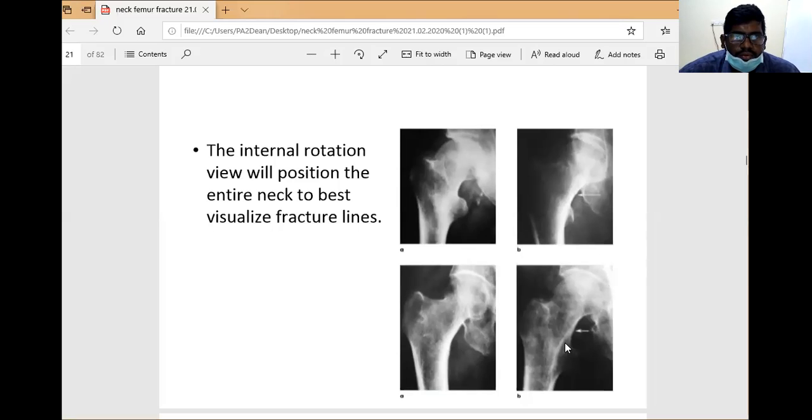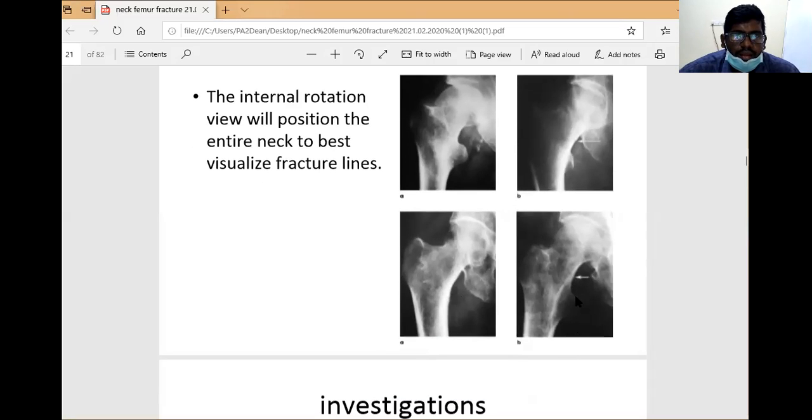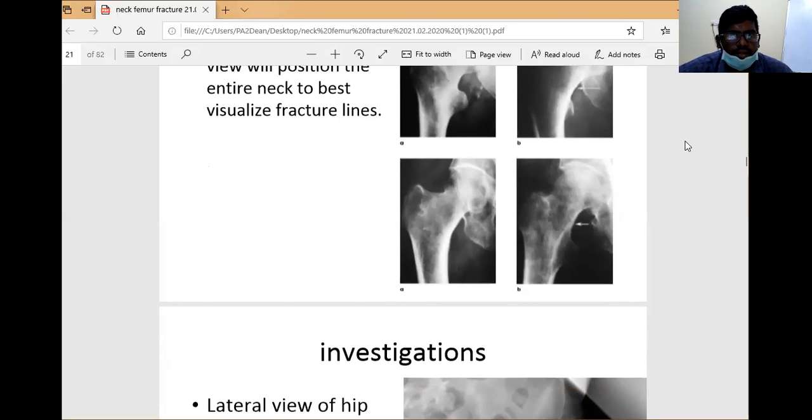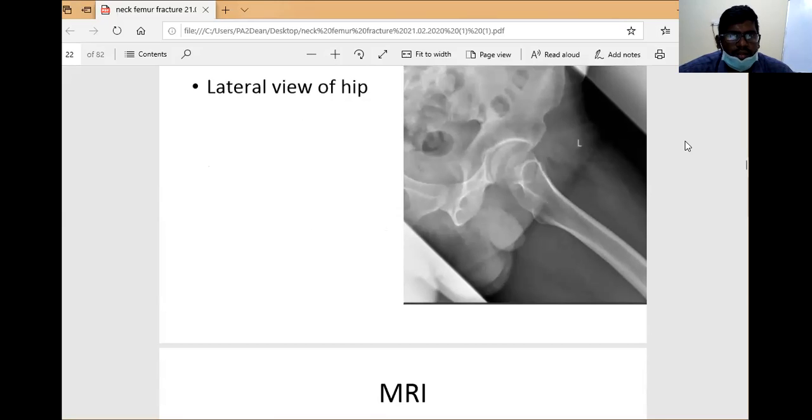Likewise, with full external rotation you can identify undisplaced fractures. Here this is a full external rotation view, and you can see a fracture line. Here this is an internal rotation view. Impacted and undisplaced fractures may not be seen in routine X-rays, so internal or external rotation views are important.